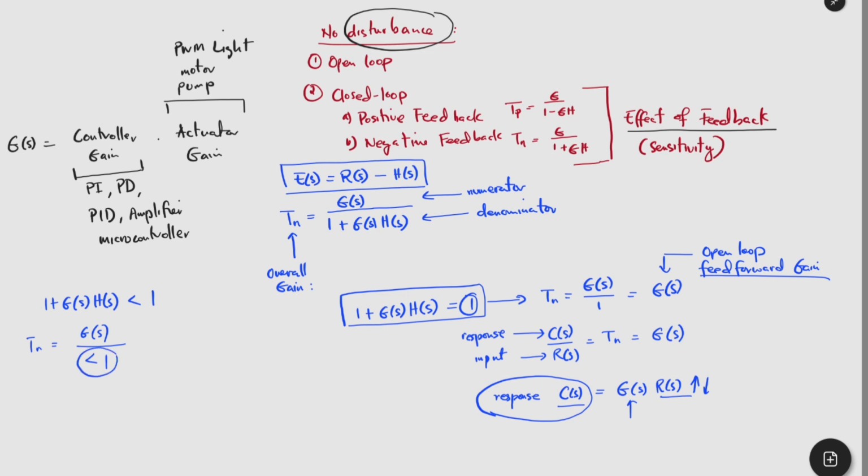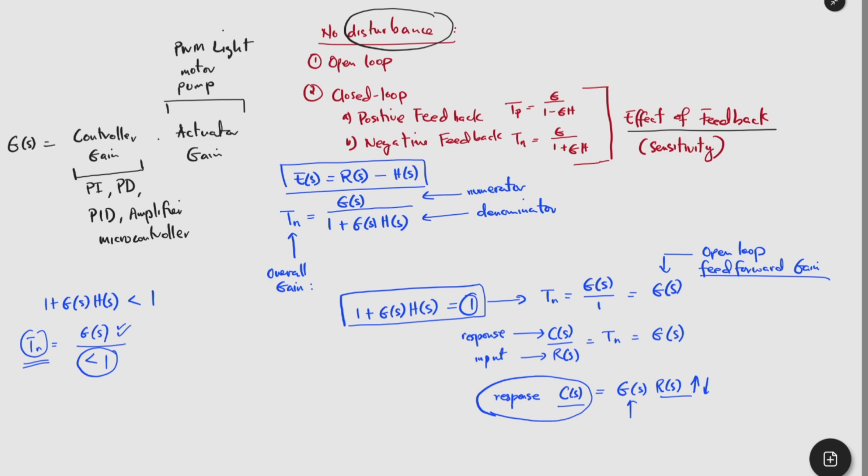When we decrease this denominator value, the transfer function will increase. When we continue to decrease to a smaller and smaller value, the value of the transfer function will keep increasing. And this represents the overall increase in the overall gain of the control system.